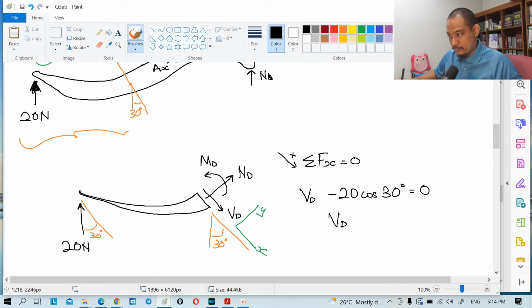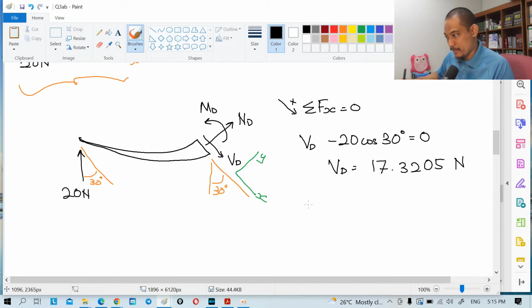So VD equal to 20 times cos 30, 17.32, or if we want to take the whole thing, 17.3205 Newton. If we need to reuse it, then that's more accurate. Okay, summation of Fy equal to 0, taking along that one positive y. So we have ND.